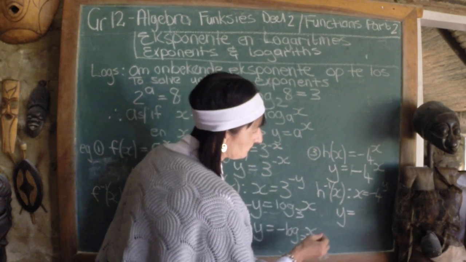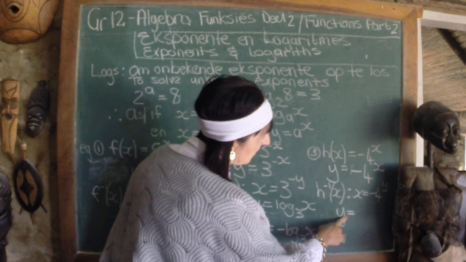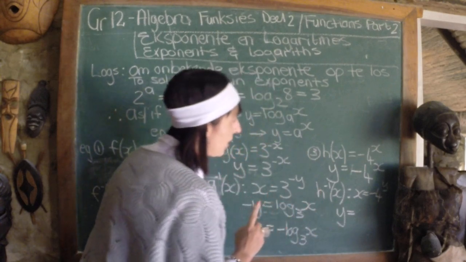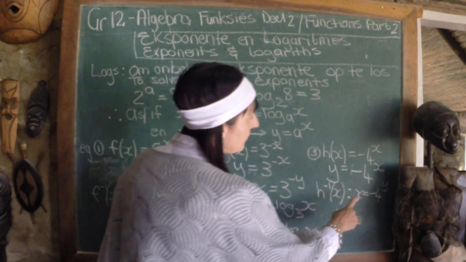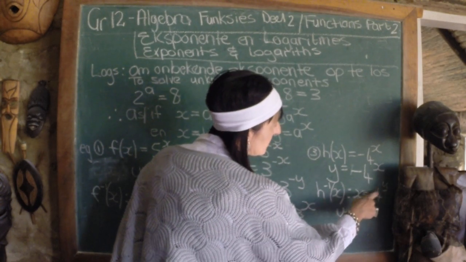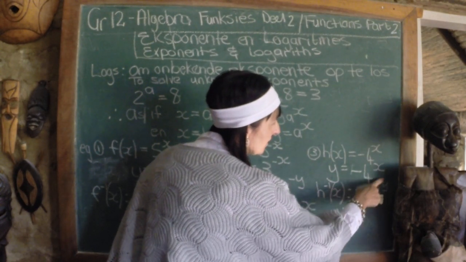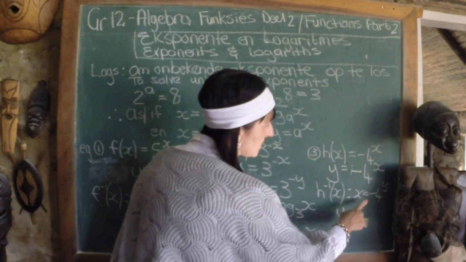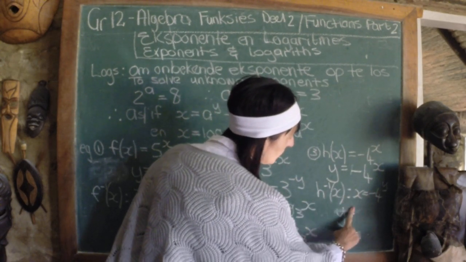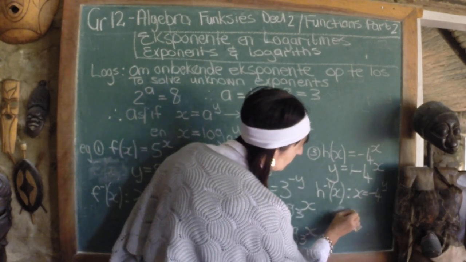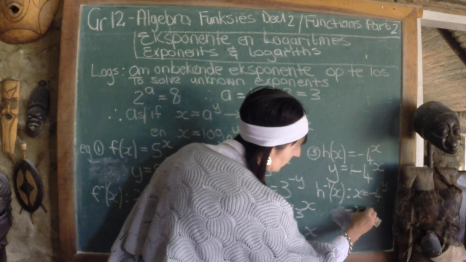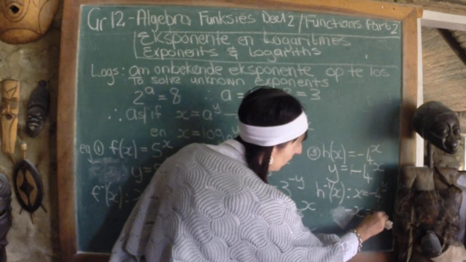So we're going to say a equals, and now I've got, okay, before I write it in terms of y, it's important that there mustn't be a minus applicable to the y. So before I do that, I'm going to divide with minus 1 on both sides to get the minus on the other side. I don't want it near the y.